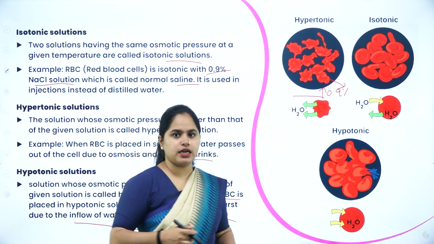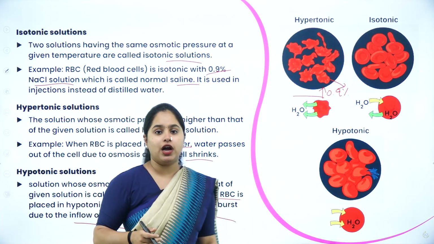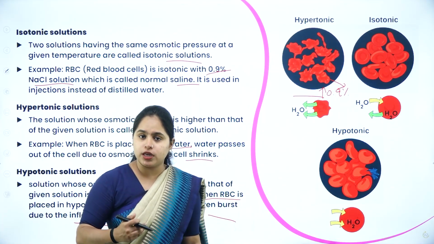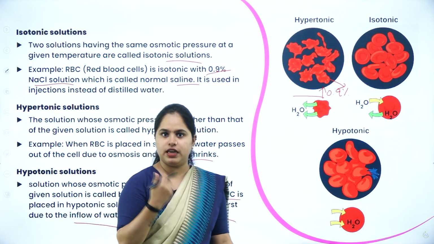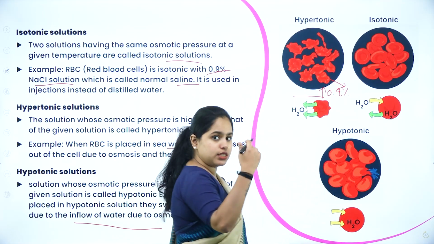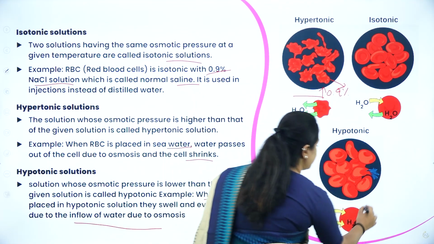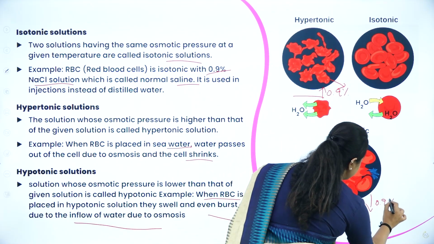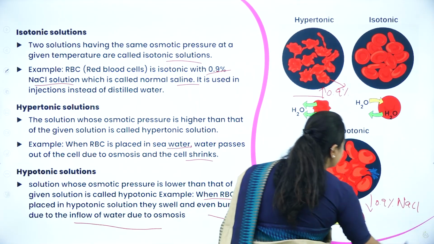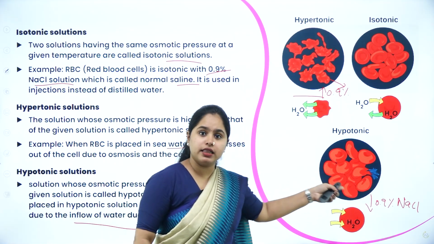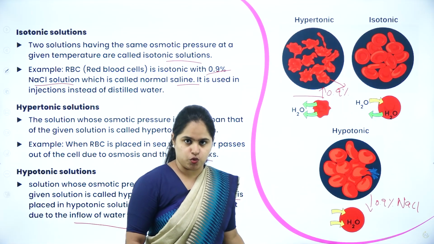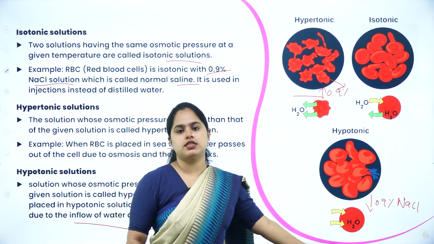So let's take this diagram and understand it. In the case of a hypotonic solution, hypotonic means we are injecting less than 0.9% sodium chloride. So what is the concentration outside the cell? It is less than 0.9% sodium chloride. So where is the concentration more? Inside the cell the concentration is more and outside the cell it is less.